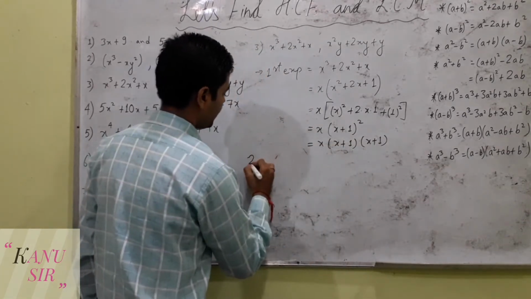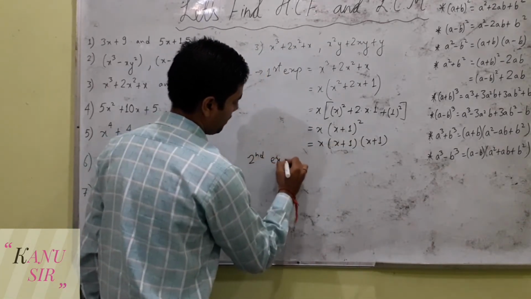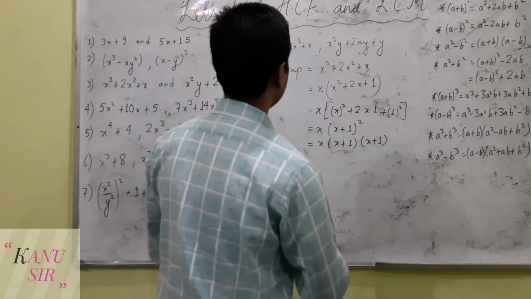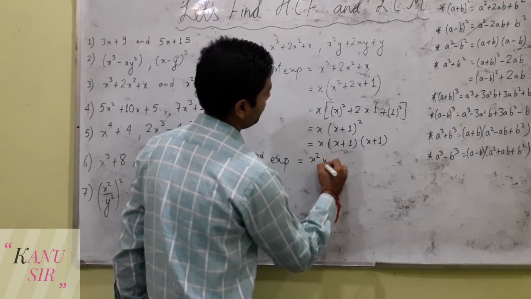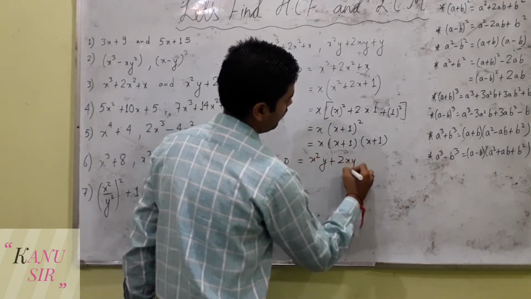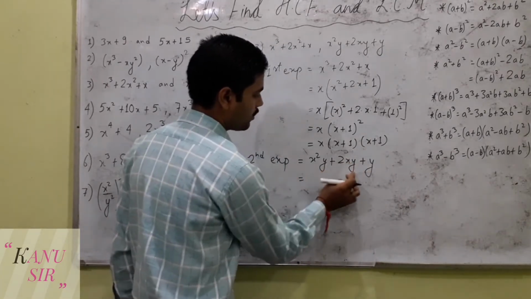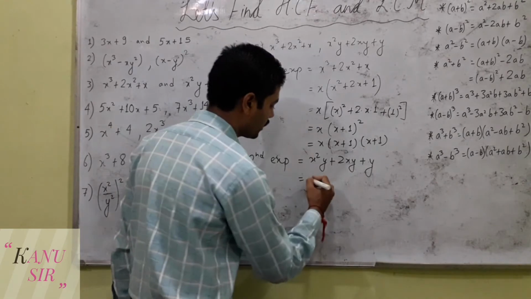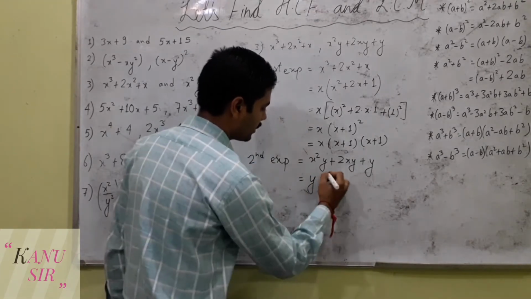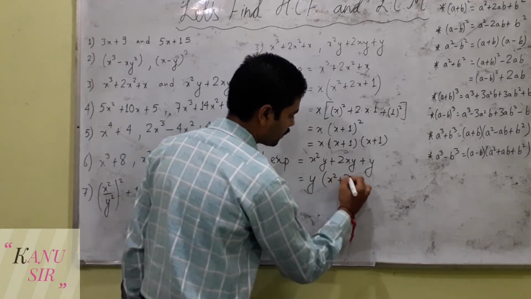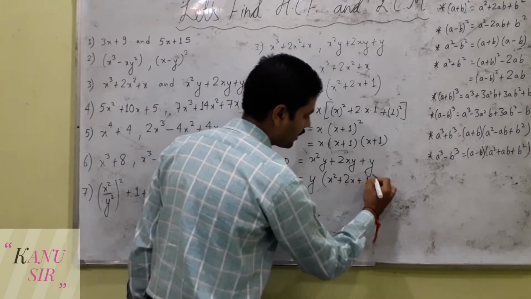Now the second expression is equal to x square y plus 2xy plus y. Here we see y is common in all terms, so we take y common. Then we have x square plus 2x plus 1.